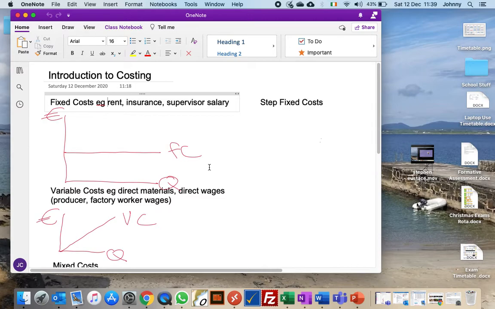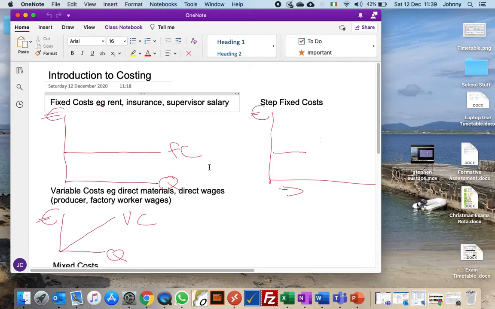Now we've made an assumption here with fixed costs that the cost is going to be always the same, but actually in reality, if we start producing dramatically more goods compared to what we used to, we find that our costs remain fixed only over a certain range. So eventually, if our quantity goes up and up, we're going to get to a stage where we just don't have enough space.